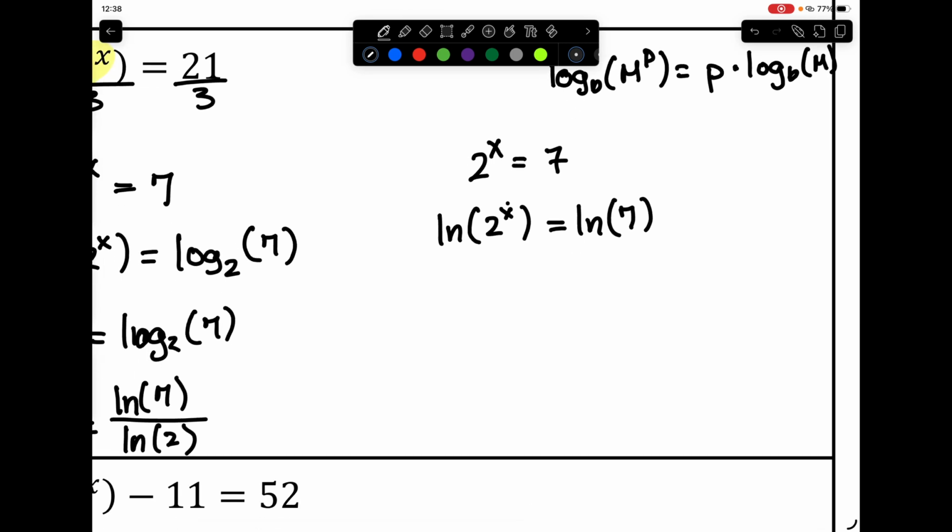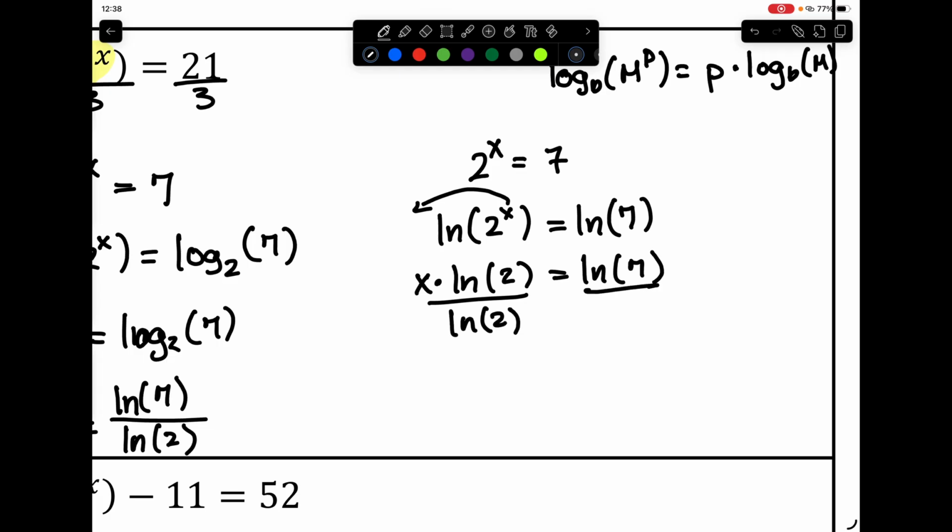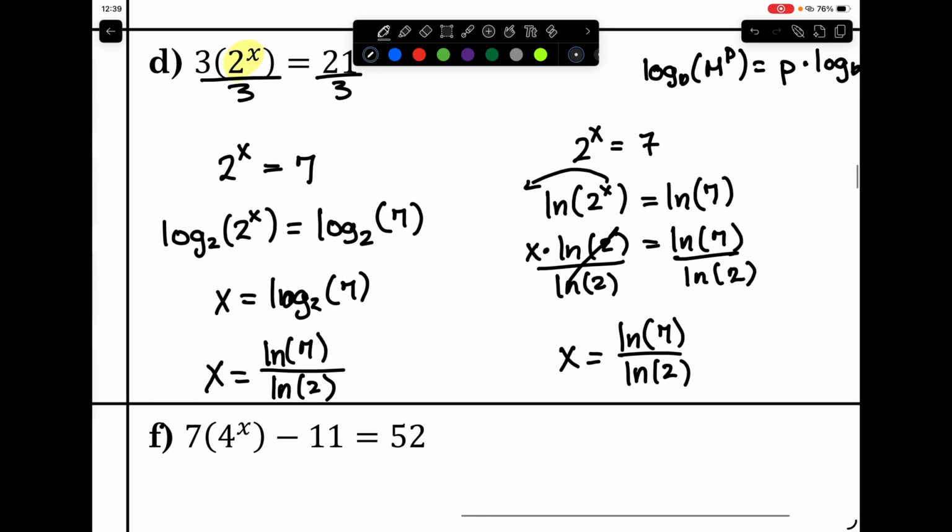So that would mean I can pull this to the front and multiply x times the natural log of 2, equal to the natural log of 7, and then dividing by the natural log of 2. This reduces and it isolates my variable, and x equals the natural log of 7 divided by the natural log of 2. So you see I get the exact same answer, okay?